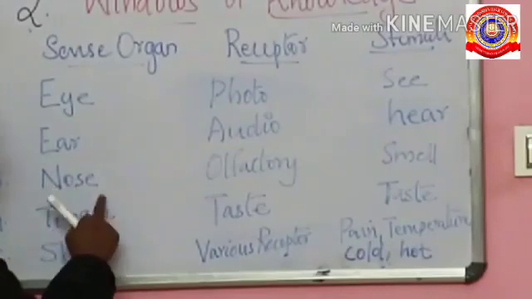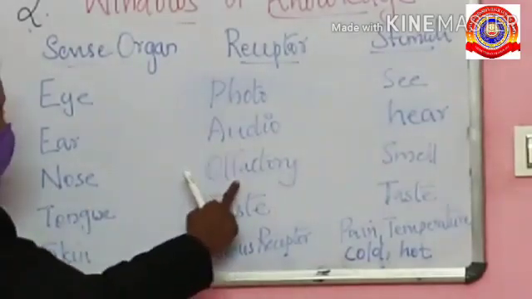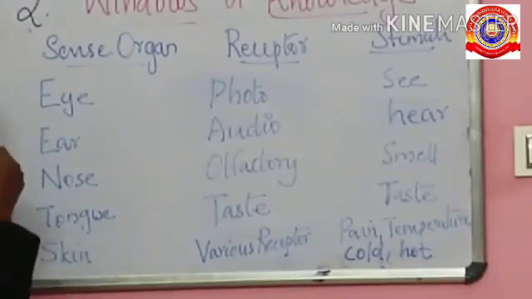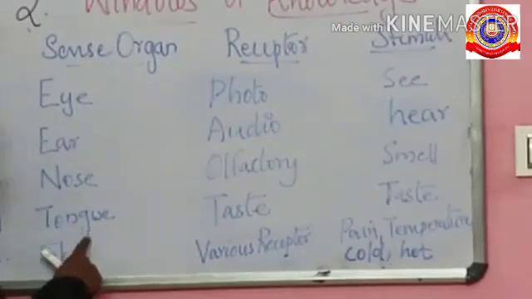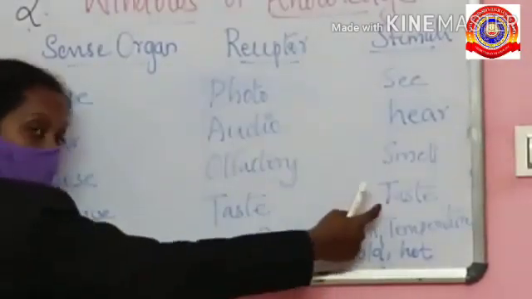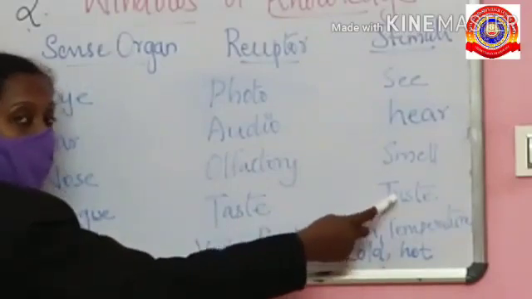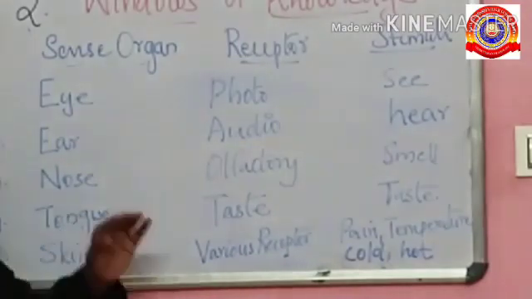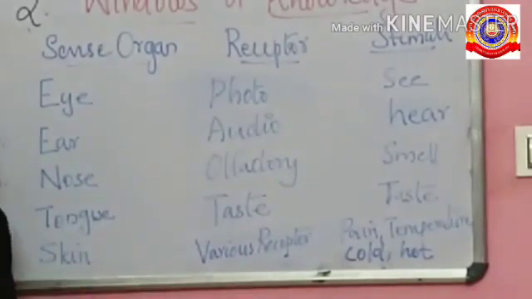Next is the nose. The receptor present in the nose is olfactory receptor. And here we can detect the smell. Next one is the tongue. The tongue contains a receptor called taste receptor. Here the stimuli are bitter, salt, sour, etc. This we already learned in the first chapter.